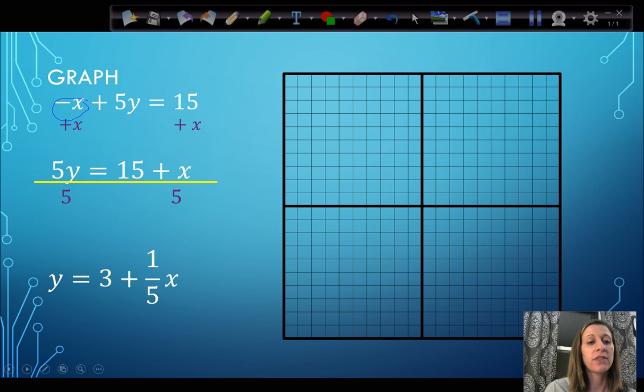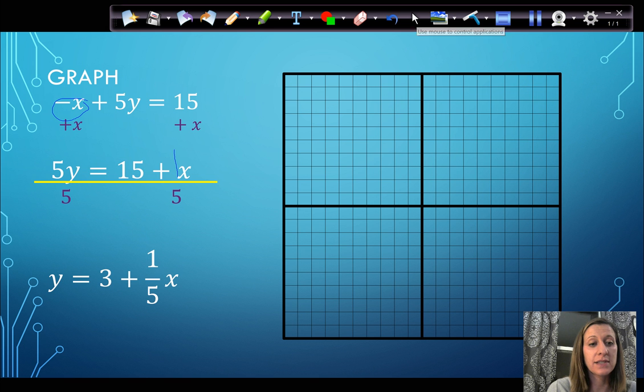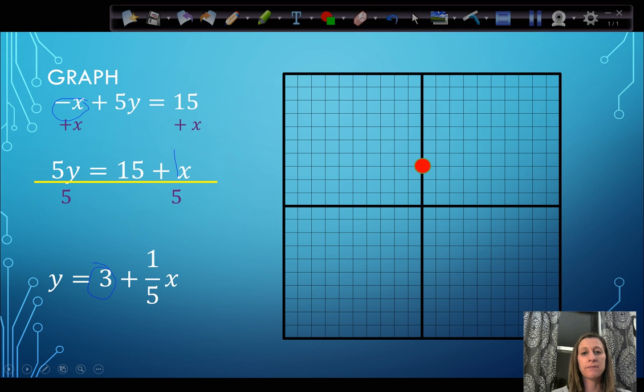That leaves me with 3 plus, remember the x doesn't have a coefficient, it has a 1, so that would be 1/5 x. So again, 3 is my starting point. I'm going to start at 3, and then I'm going to rise 1 and run 5, and rise 1 and run 5.